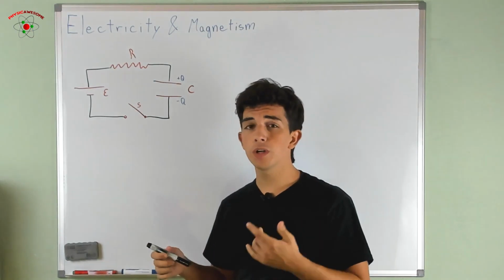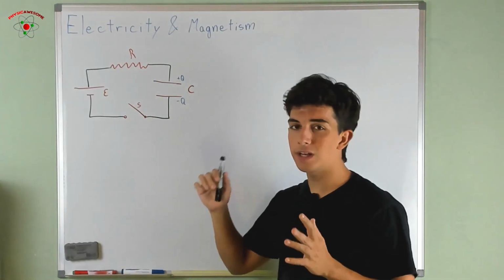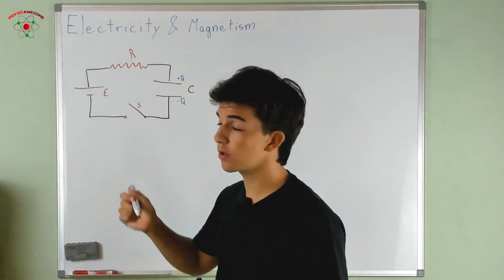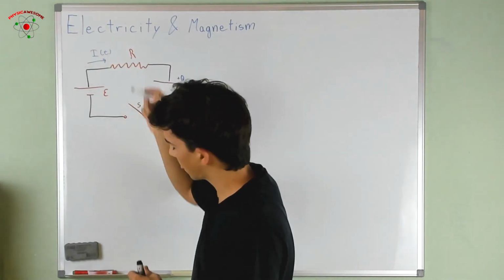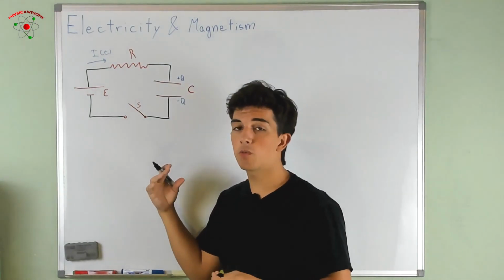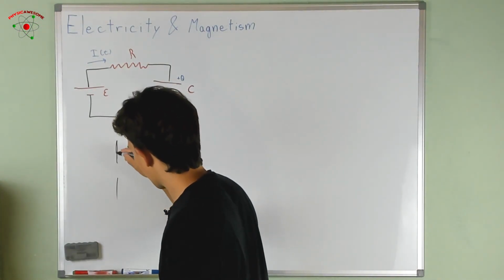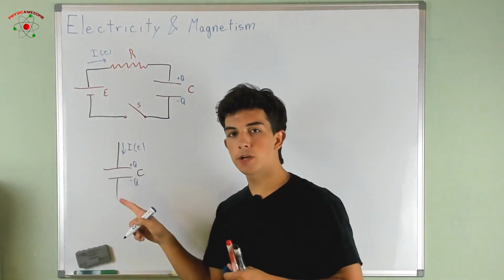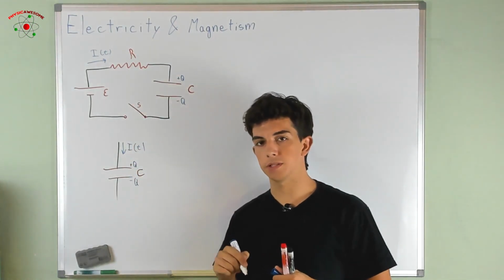First of all, we need to establish how the capacitors relate to current, because in this case, current is going to depend on time. Imagine we have a capacitor. We have that the current goes into the capacitor.